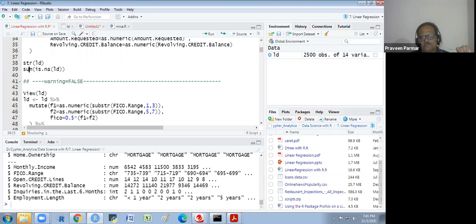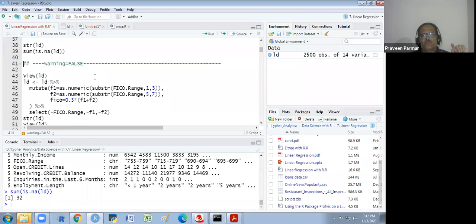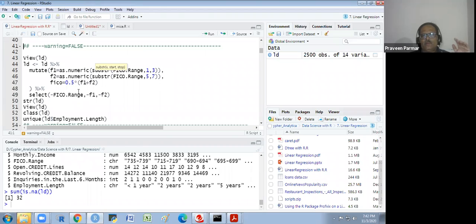So sum of is.na. So I have 32 NA values in my data. I will treat the NA values later on.